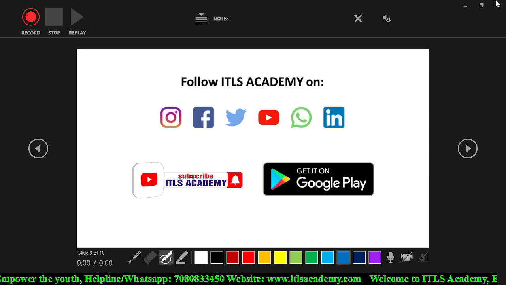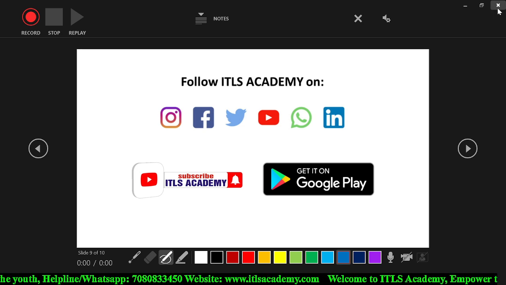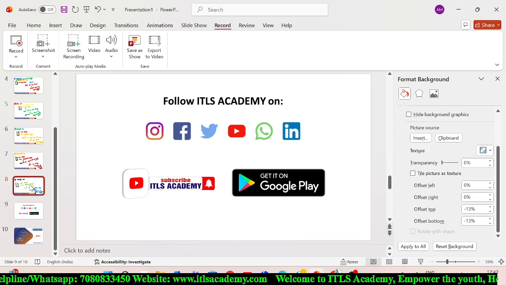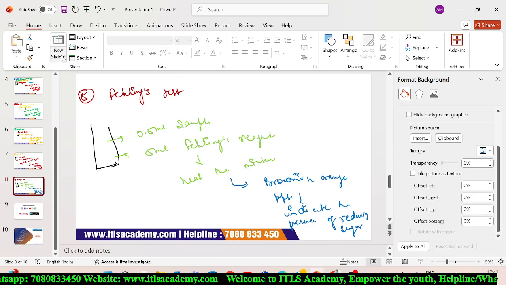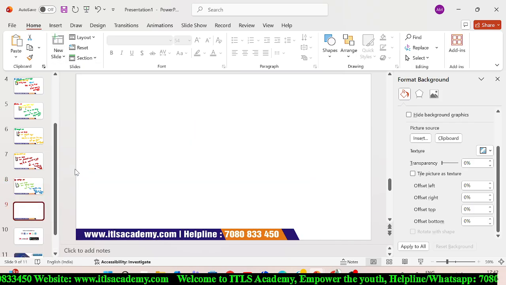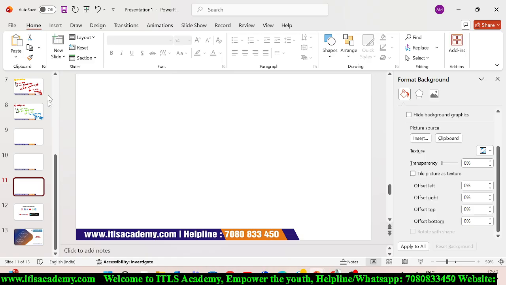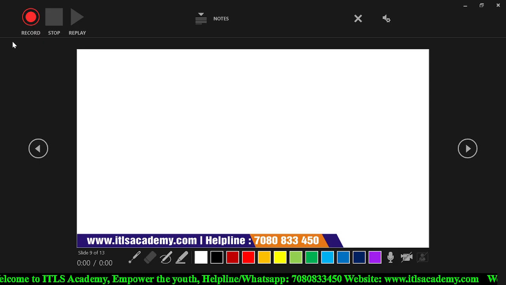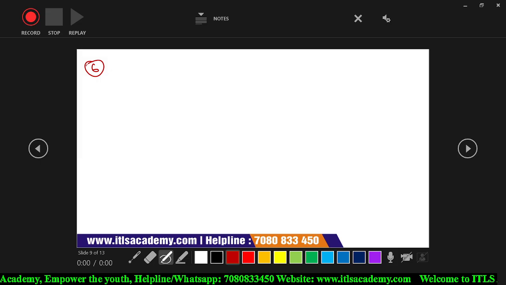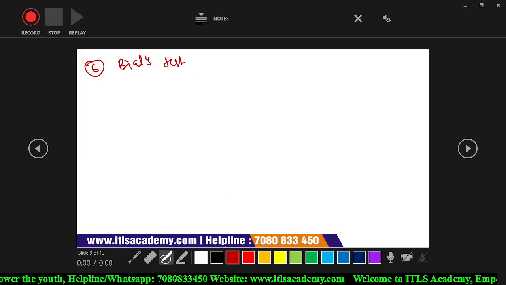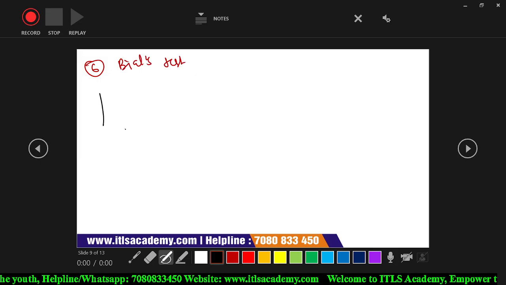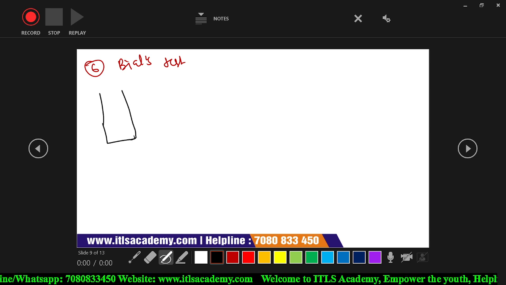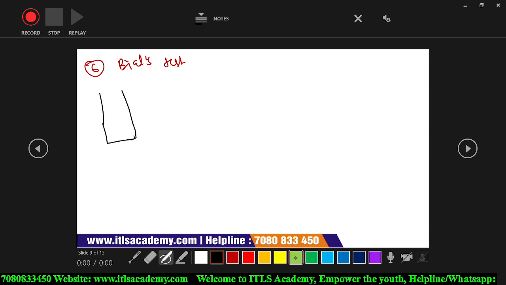Then sixth is your Bial's test. Again, we take a test tube and add 5 ml of the Bial's reagent plus 5 ml of sample.